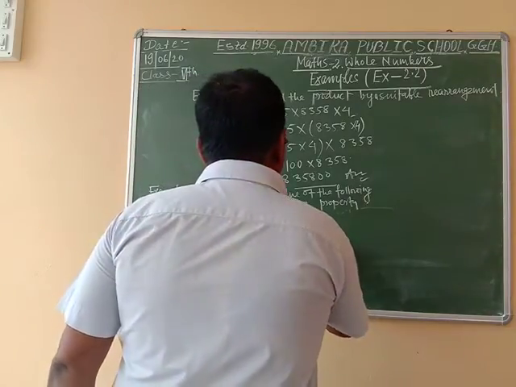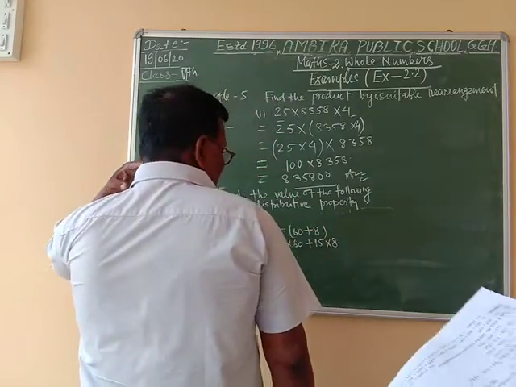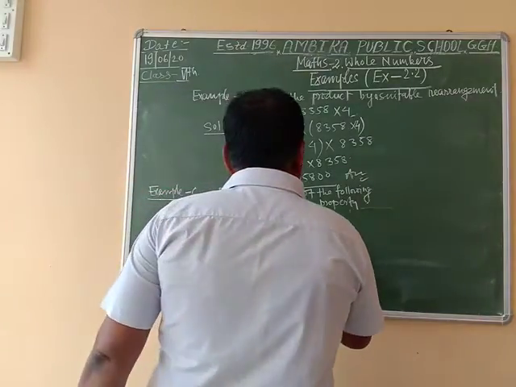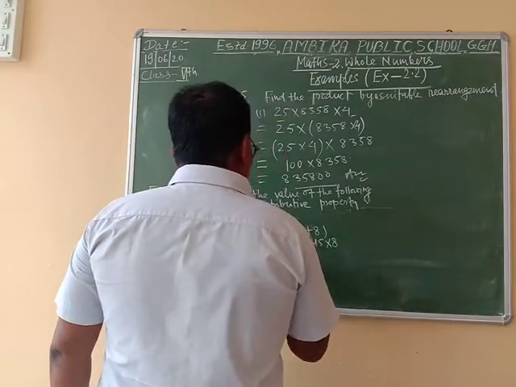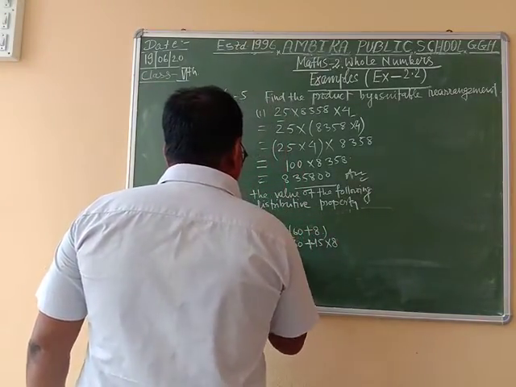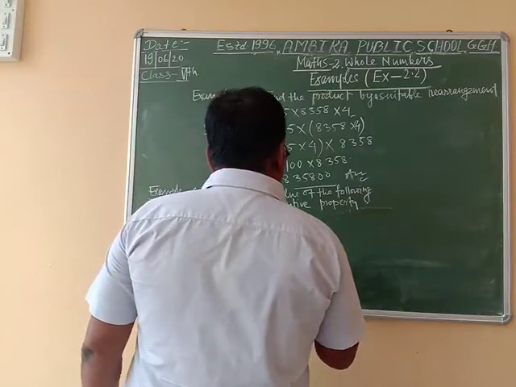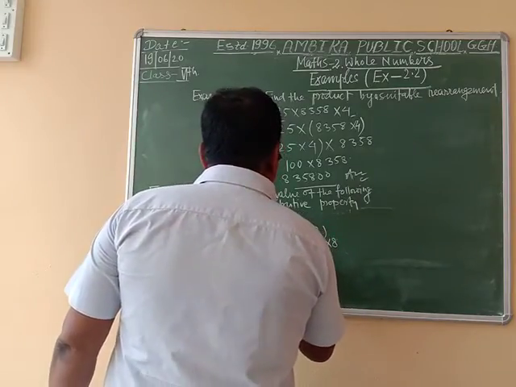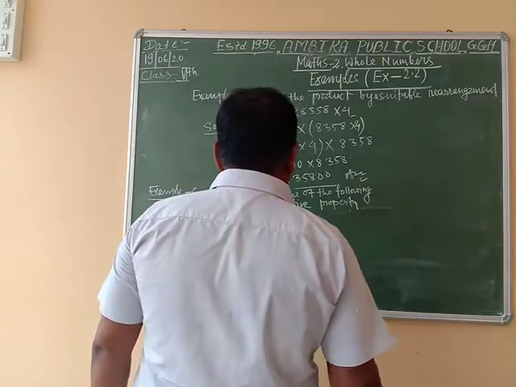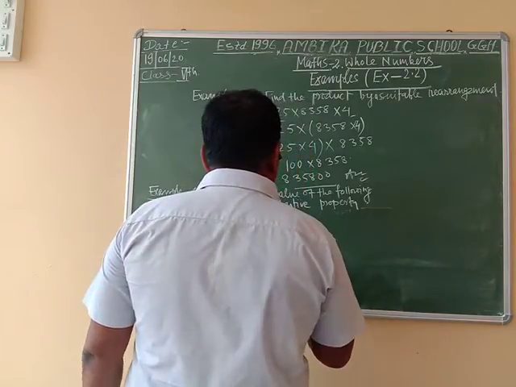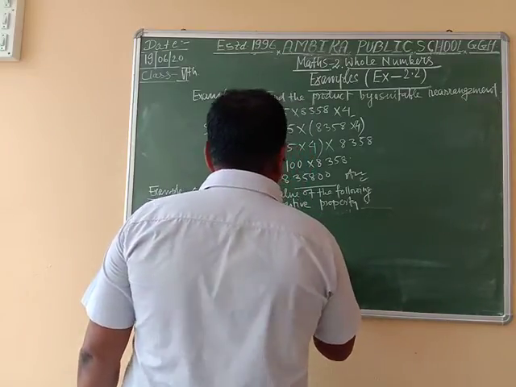Using this property, the multiplication process becomes easy. If you multiply 15 by 60, the product is 900.